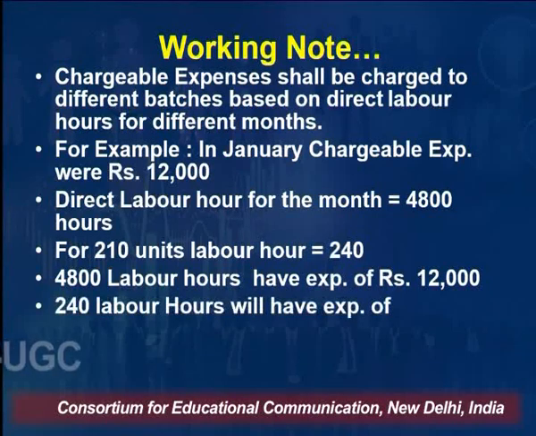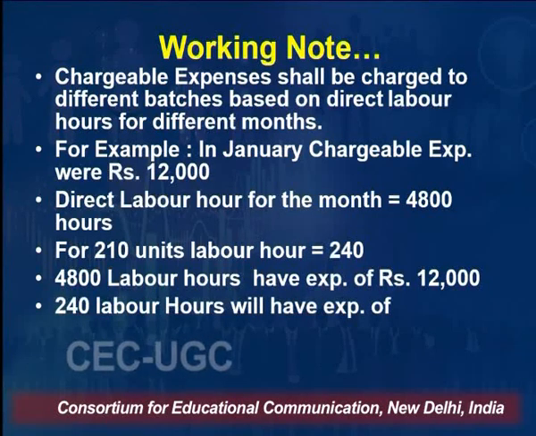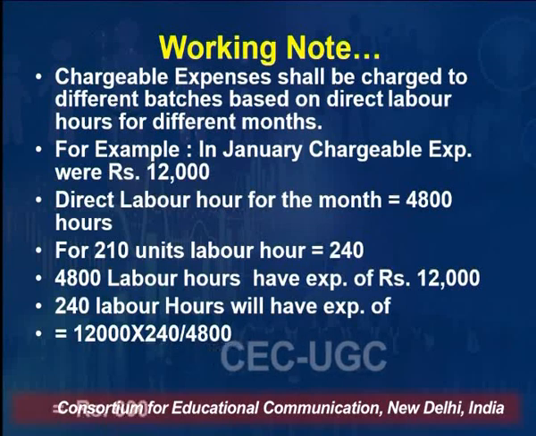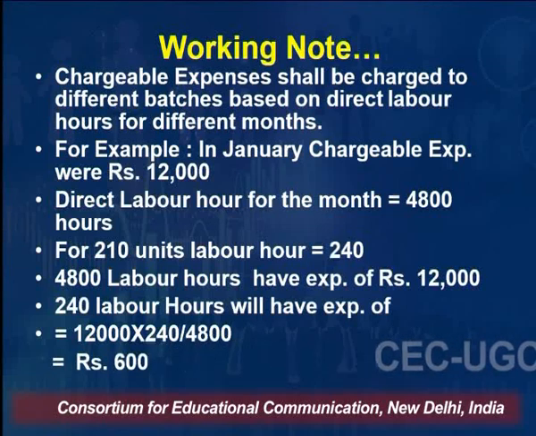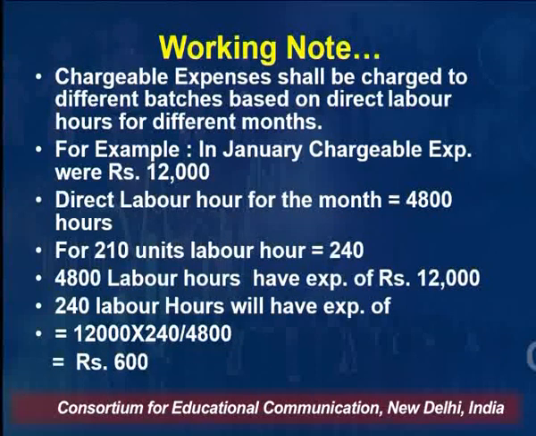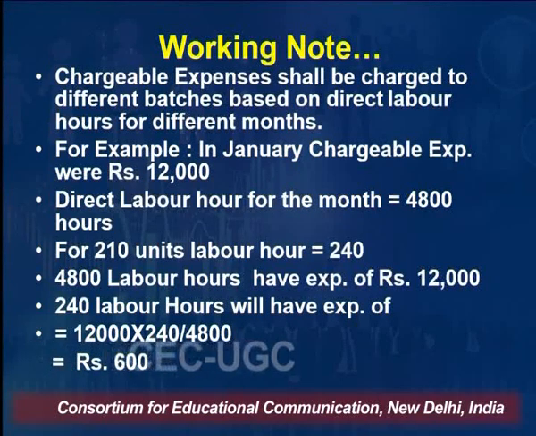So 240 labor hours will have how much? So we can find the proportionate value, and it comes to be rupees 600. So my dear learners, in place of allocating the entire chargeable expense to the month of January, we have to identify rationally what should be the chargeable expenses if I am only using 240 labor hours for manufacturing these units.